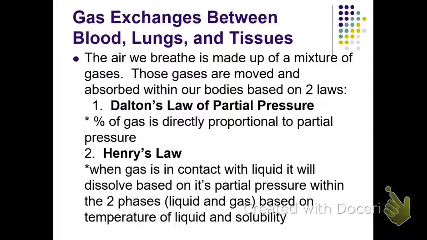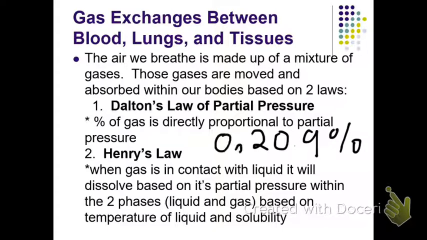So the air we breathe is typically about 20.9% oxygen. And we can take this percentage of 20.9 and multiply that by 760 millimeters of mercury. And that works out to be about 159 millimeters of mercury.